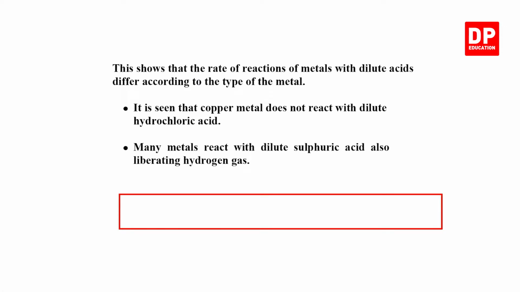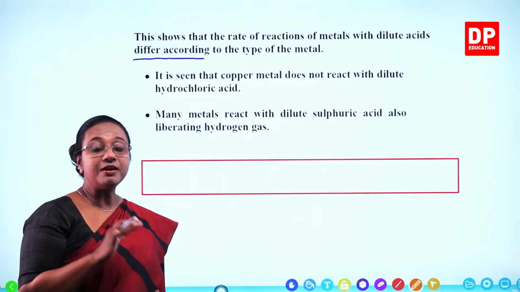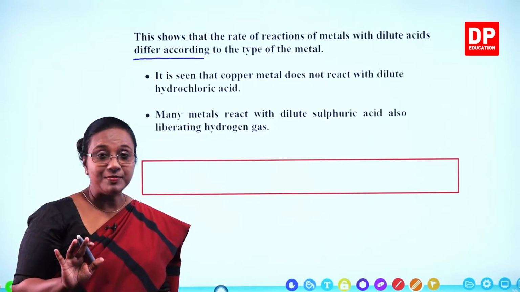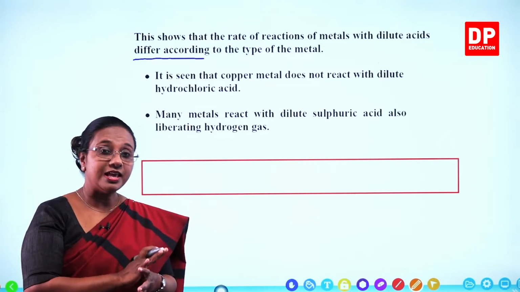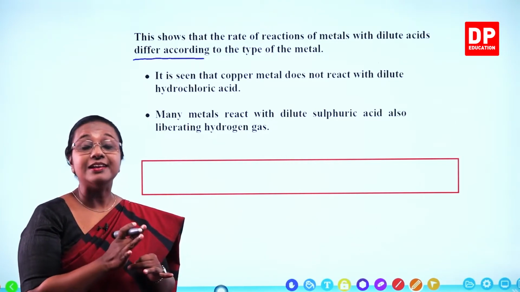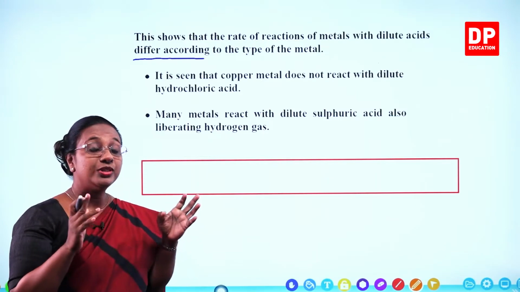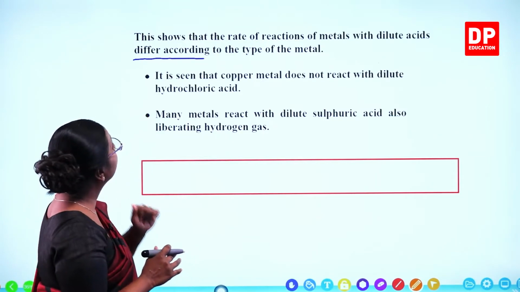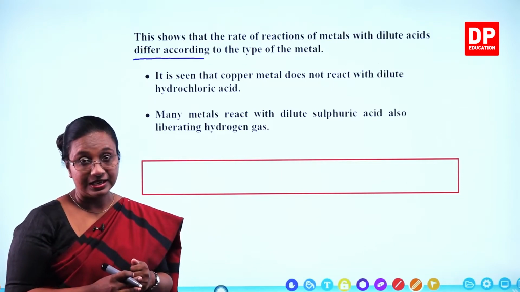This shows that the rate of reactions of metals with dilute acids differ according to the type of metal. So far all the reactions that we have been discussing, reaction with air, reaction with water and reaction with acids, they all differ according to the type of metal.